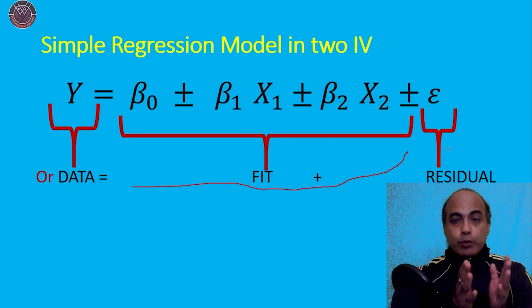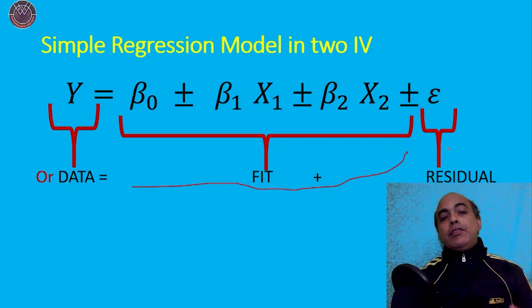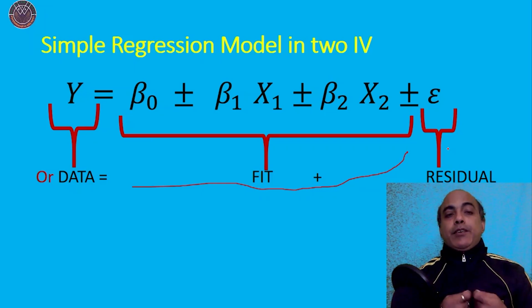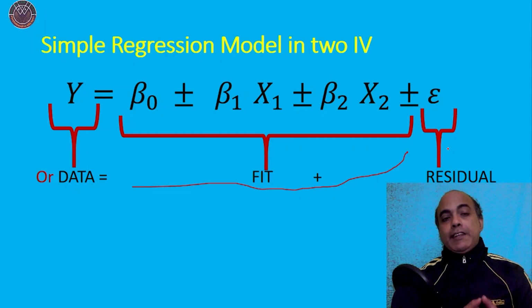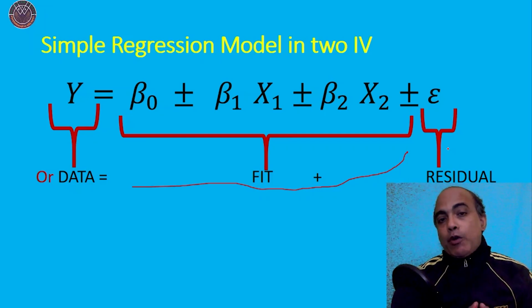I think from this representation you have understood the meaning of regression. We have to reduce the term epsilon so that our model is the best, an efficient model. That is, you are able to predict y in much closer terms, which means our residual term is very insignificant, very small. So we have to try to get a line of fit which is the best fit line, from which we can very closely predict the value of y.